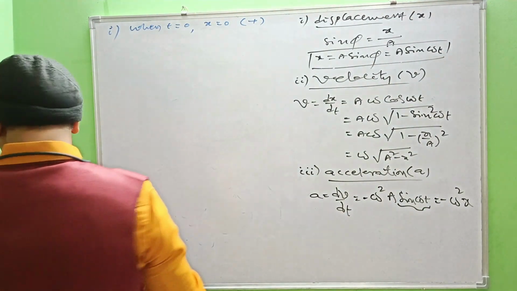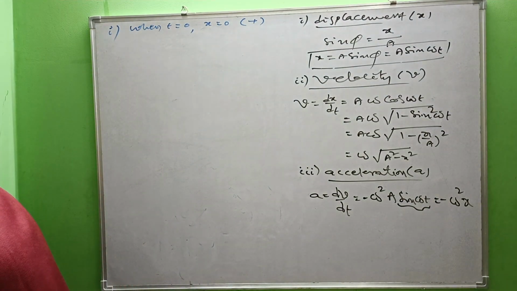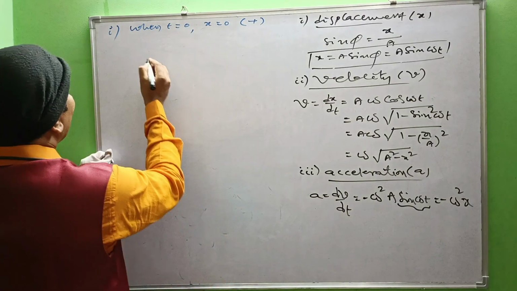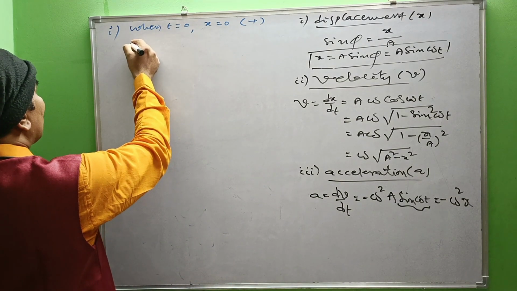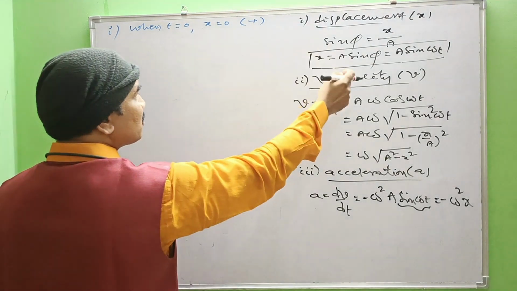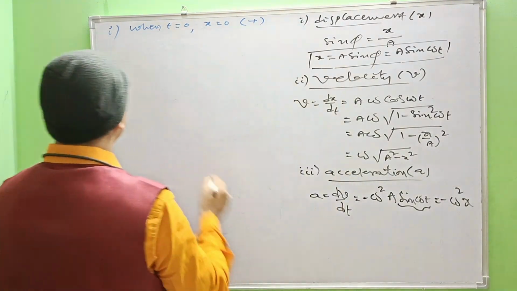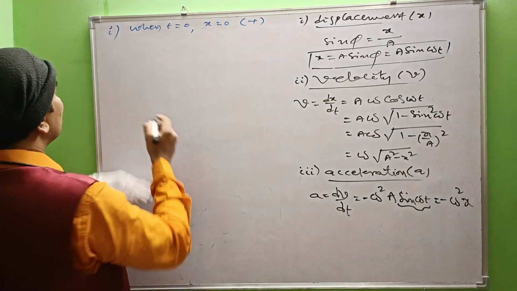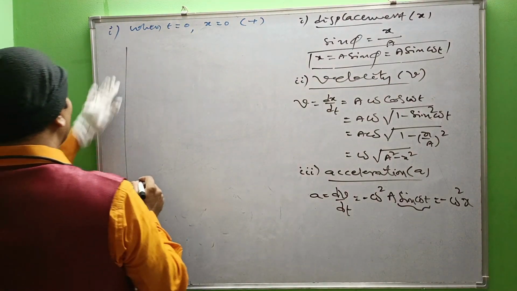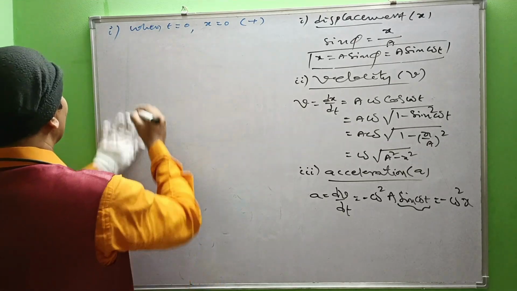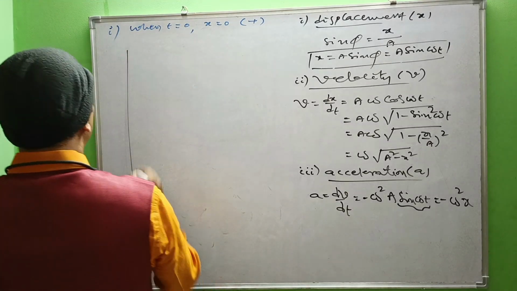Now, what is the required SHM equation here? See, I want to draw graphs of x versus t, v versus t and a versus t, all in the same diagram like this.